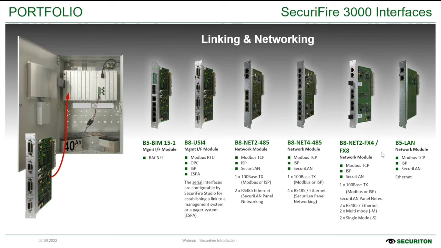We have the Net2 board, our standard network module, which provides an RS485 connection, the Net4 485 module for extended networking, and the Net2 FX4 FX8 modules, which provide either single-mode or multi-mode optical fiber connections.